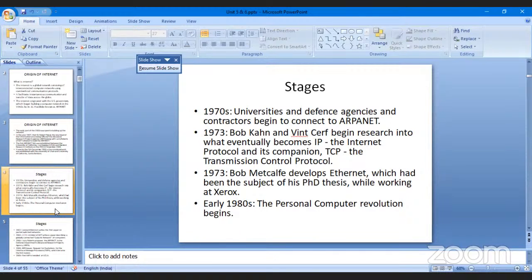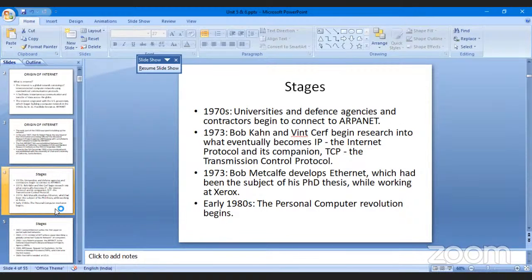What is IP? We all ask, what is your IP address? IP is Internet Protocol, and its companion is TCP, the Transmission Control Protocol. In 1973, they started the research for IP and TCP.